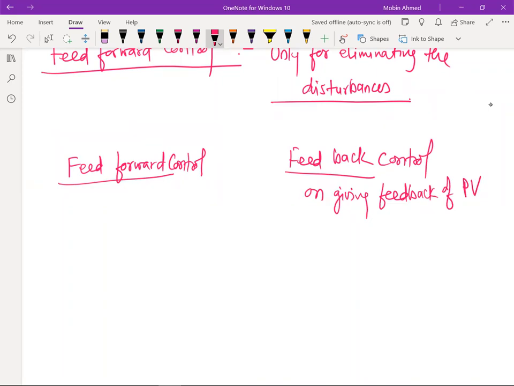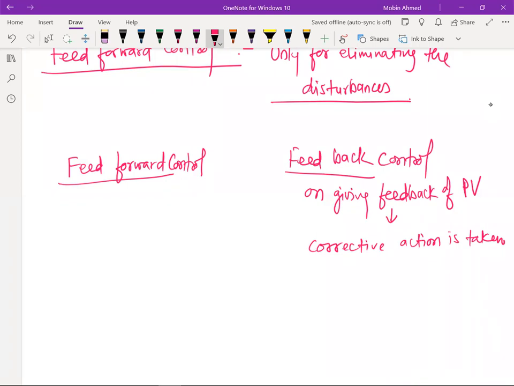So upon receiving the feedback, corrective action is taken. That means if deviation is going to occur, and that feedback control system gets it, only thereafter it is going to give the corrective action. Okay, so that is the feedback.